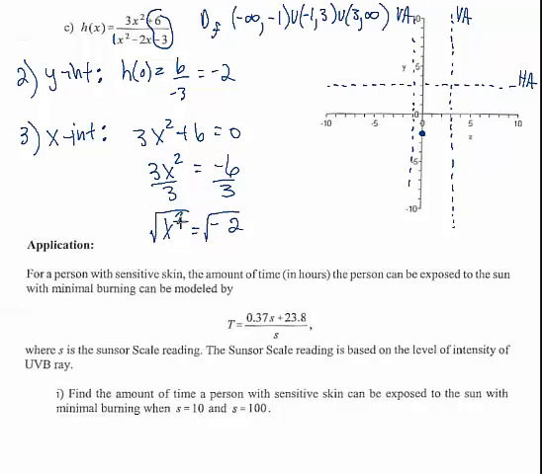Now we take the square root of both sides, and we have x equals plus or minus i square root of 2. So in other words, we don't have any real x-intercepts. We don't actually touch or cross the x-axis. So unfortunately, we only have one point plotted here. We'll have to plot more points with our table.